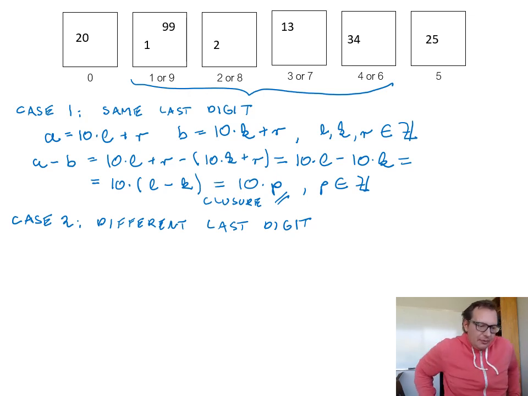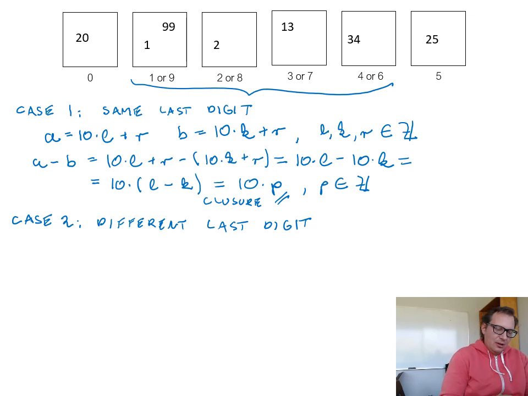Now, when we were choosing these last digits, when we were pairing them up like 1 or 9, 2 or 8, 3 or 7, and 4 or 6, this was chosen carefully. They have an interesting property. So if you look at each of these pairs, they add up to 10.